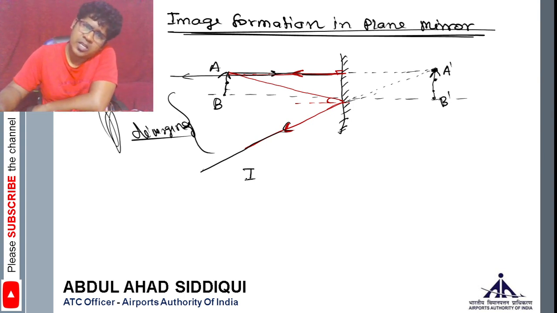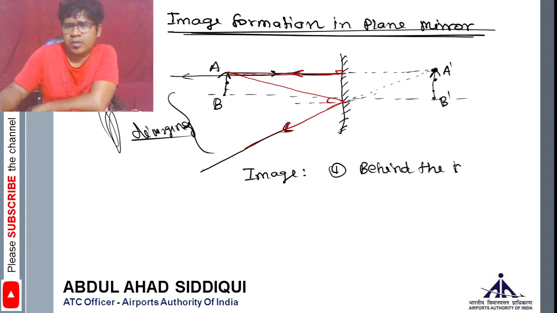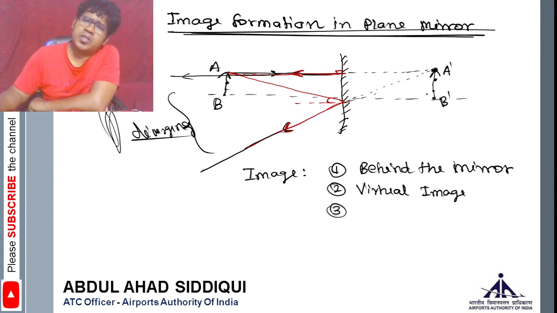So I can say that the image formed in a plane mirror is, number one, behind the mirror. Now tell me, is this a real image or a virtual image? So basically this is a virtual image. Number three, virtual image is formed. After that, erect image is formed. Erect means seedha, right? Inverted means ulta.